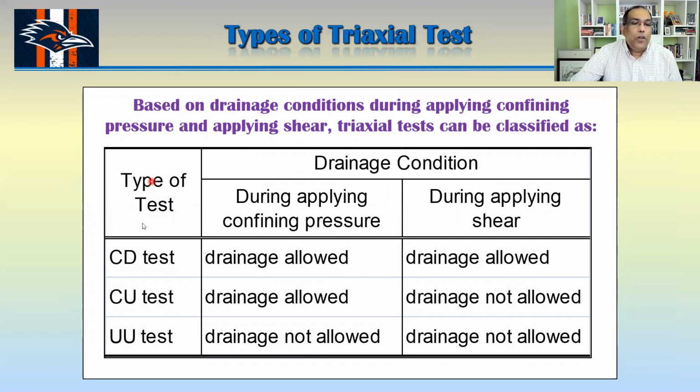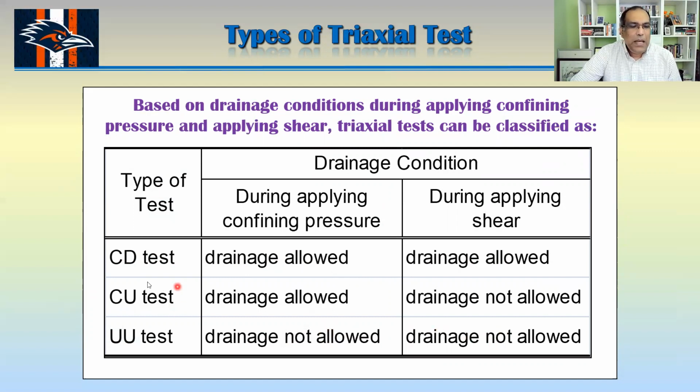First of all, we have the CD test, which is the consolidated drained test, in which drainage is allowed in both stages. You have the UU test, which is the unconsolidated undrained test, so drainage is not allowed in any of the stages.